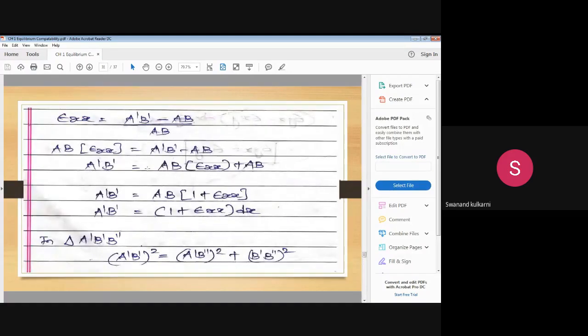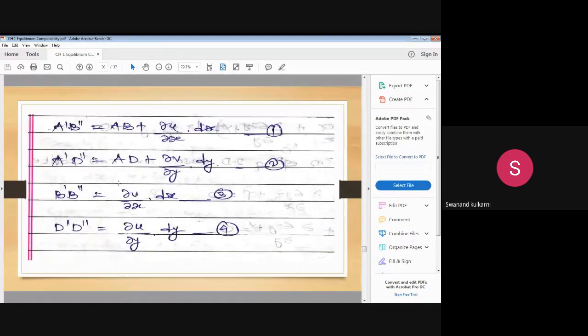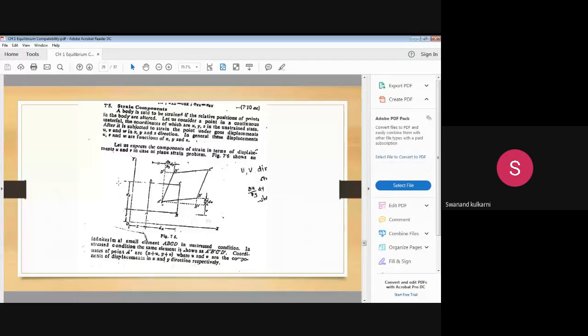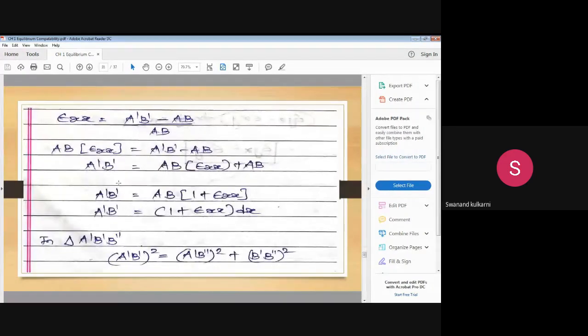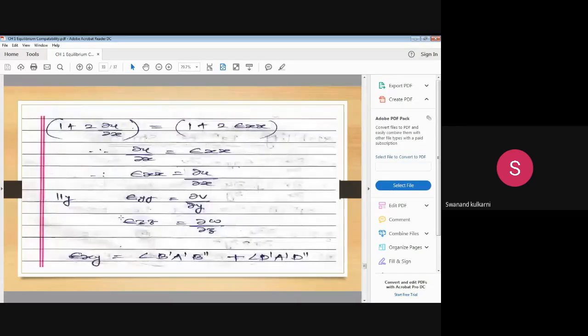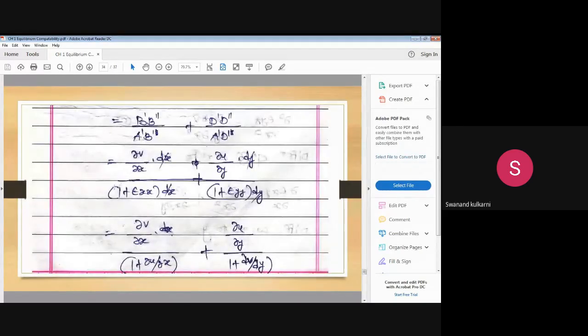So for that purpose, a'b', the equations which we have framed for a'b'. You just refer: a'b' is equal to 1 plus epsilon xx dx. So here we can refer to this particular equation. So 1 plus epsilon xx dx.